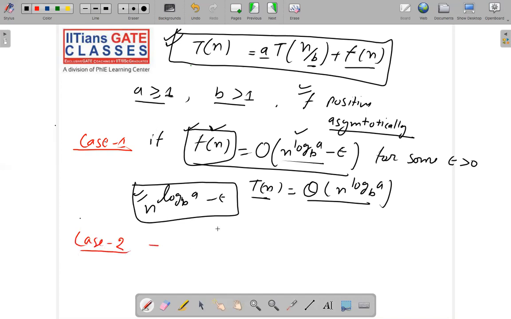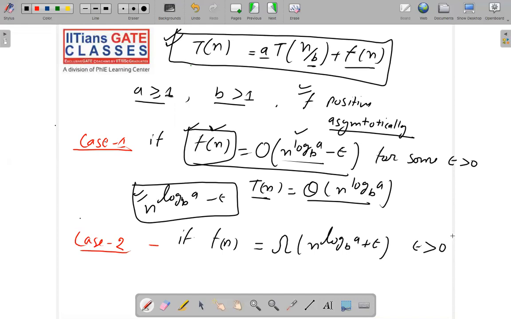It's just opposite of this case. If f(n) is equal to omega of n^(log base b of a) plus sigma, where sigma is greater than 0.